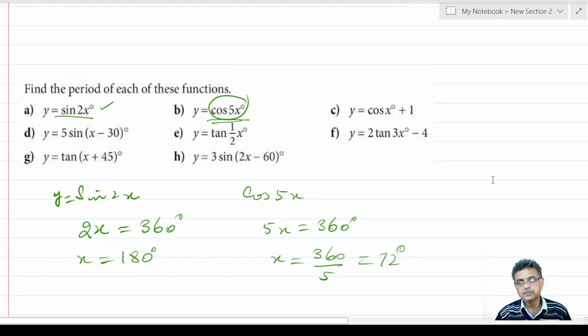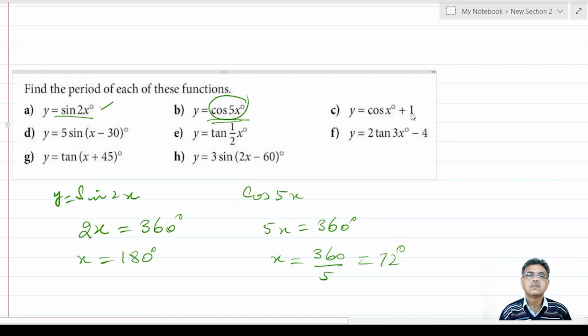Now here, cos x plus 1. If there is plus 1 or minus 3 or whatever number is added or subtracted, we have already discussed in the previous lesson that this number translates the graph along the y-axis, upward or downward.